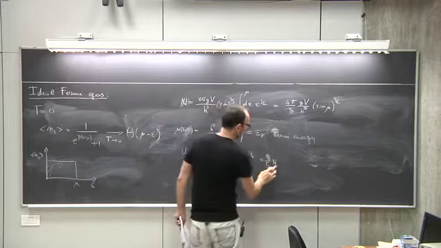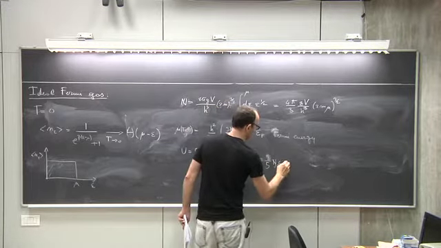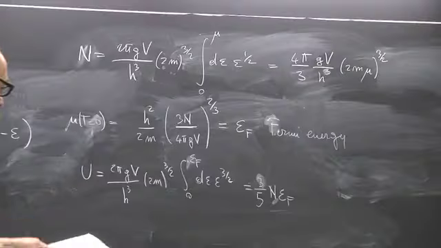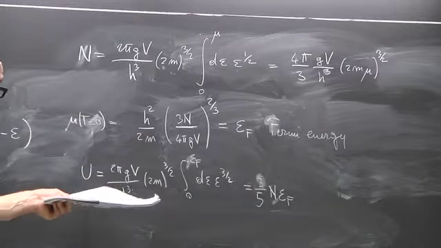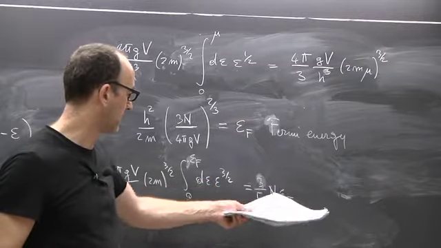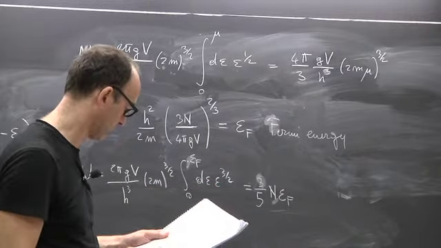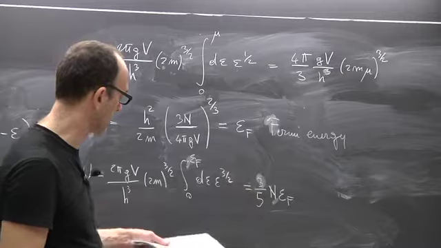So the result is that the internal energy of this gas will be 3/5 of n times epsilon f.